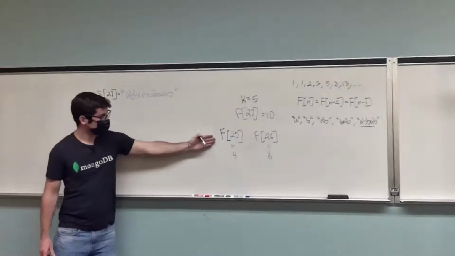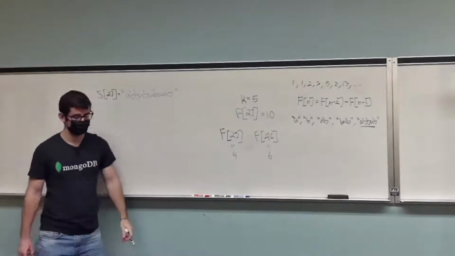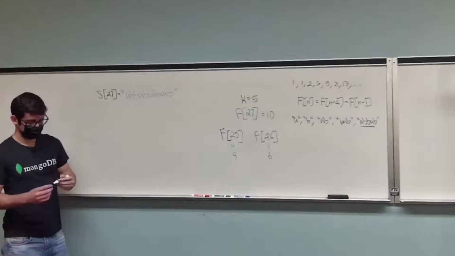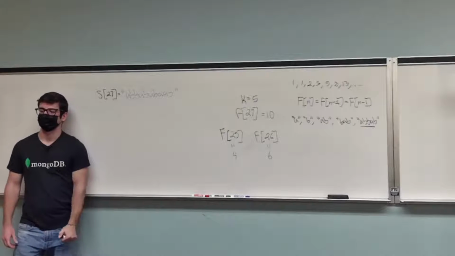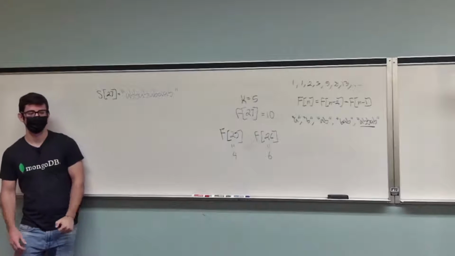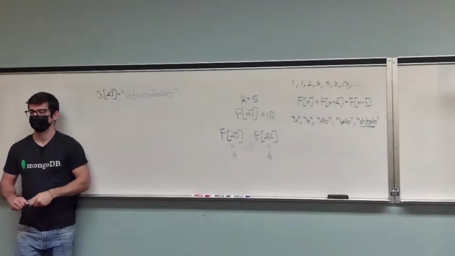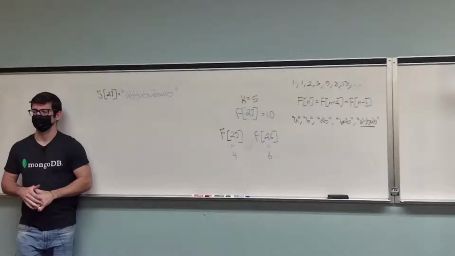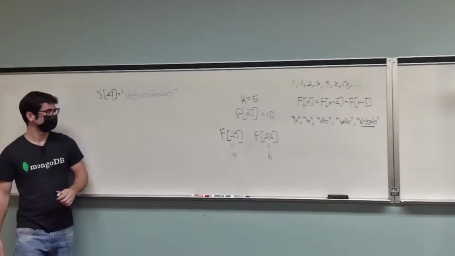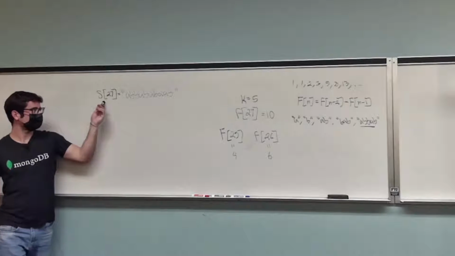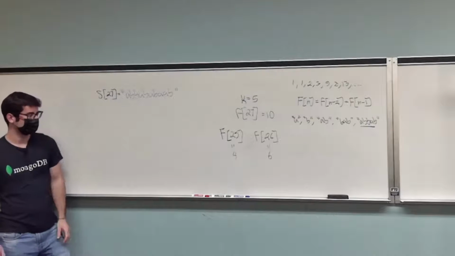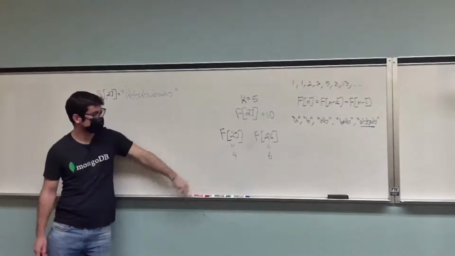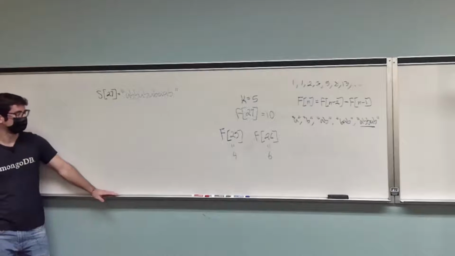If F of 25 is 4, what would be S of 25? Well, if this is S of 27, what is S of 25? S of 27 minus S of 26?